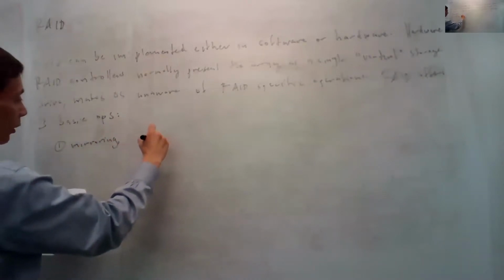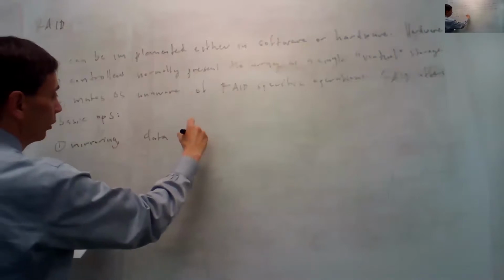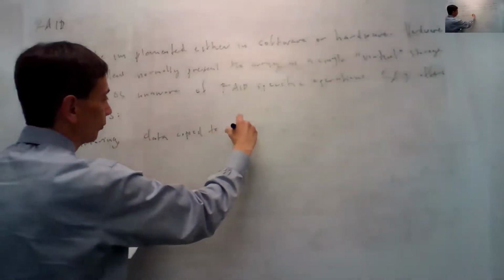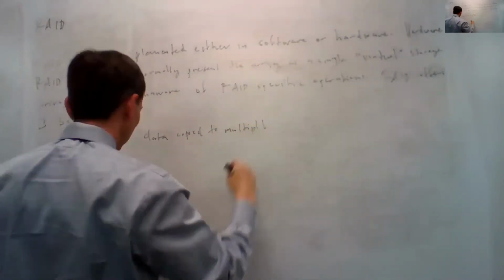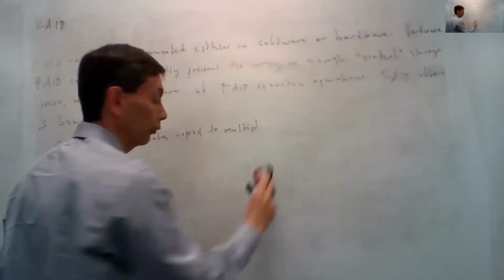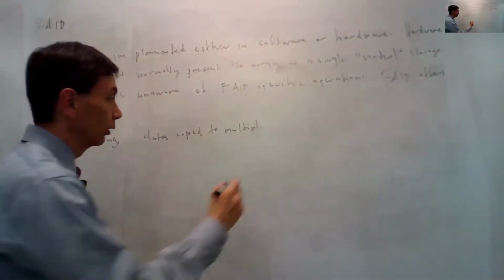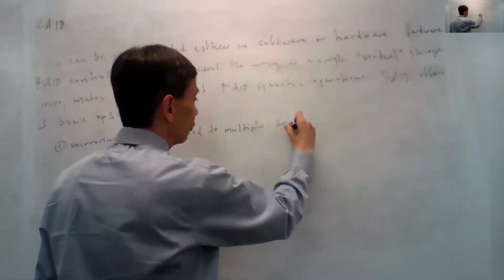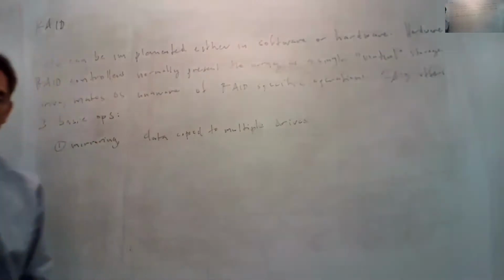So data is copied to multiple drives. Okay, so whenever you write something to the disk, it actually gets written in multiple places. And if the system is smart, it's not writing it to the same drive, because when that drive fails, the whole point is that you've got redundancy, so you can grab it from another drive. So writing it all to the same drive would be stupid.